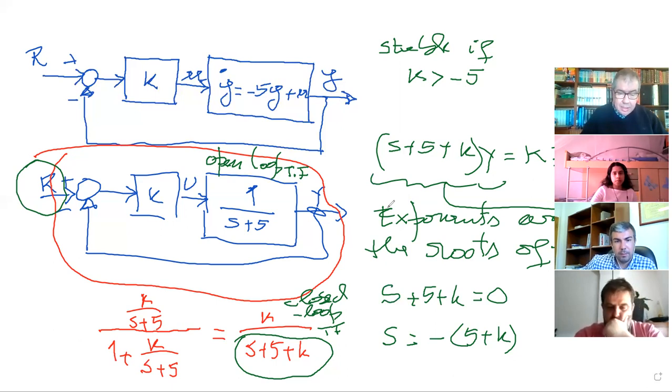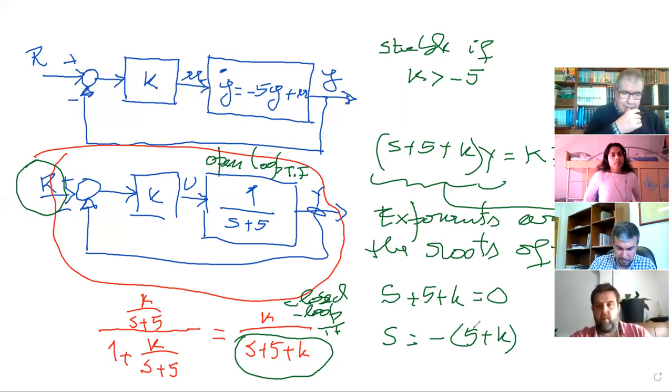Now, remember that the interpretation of these roots is that they are exponentials. So you can select K such that the roots are in particular positions. This makes the system faster or slower, or even unstable in some cases. Questions?